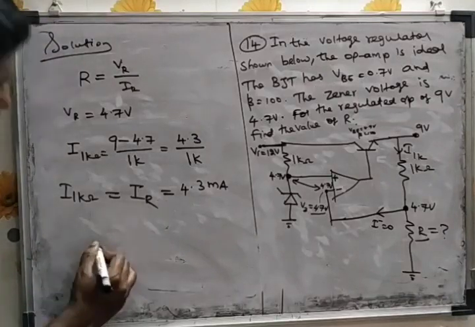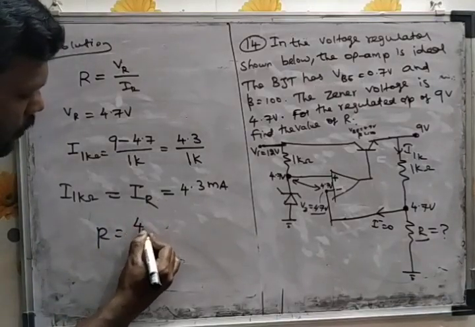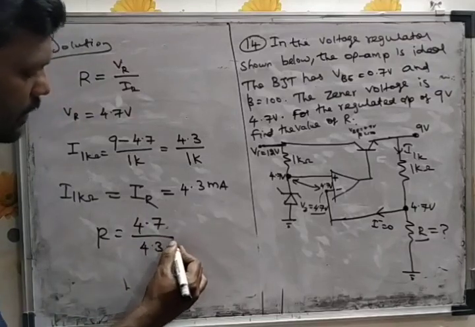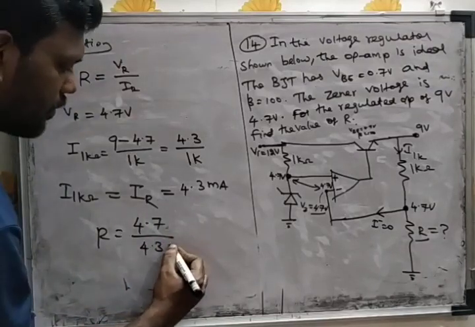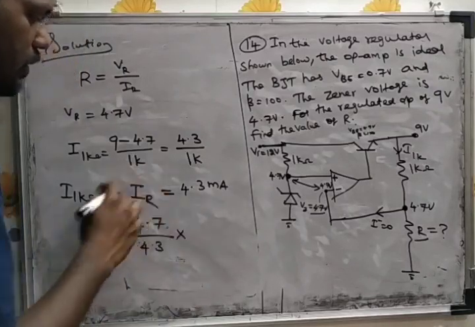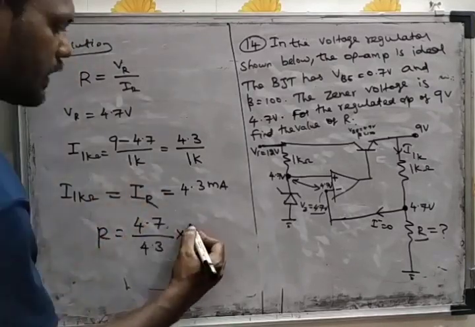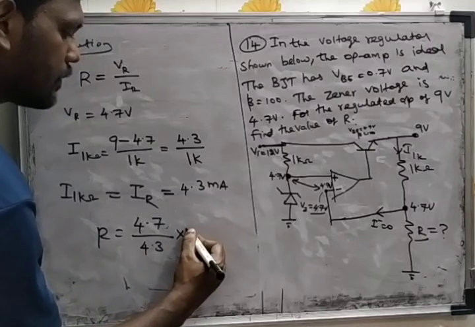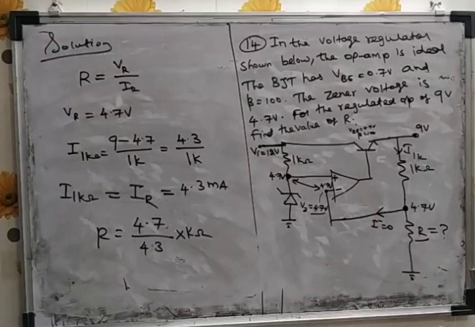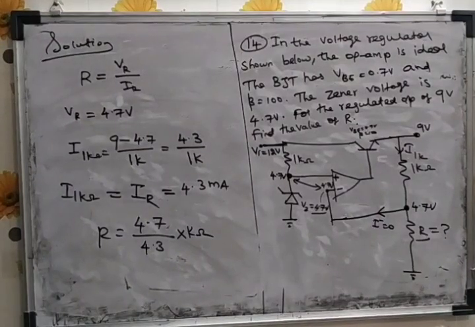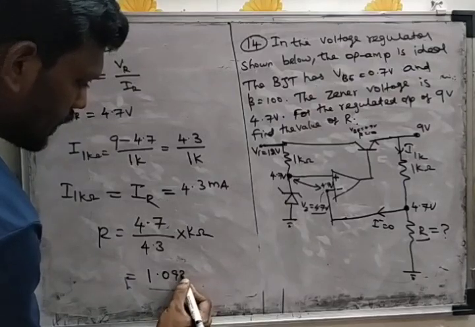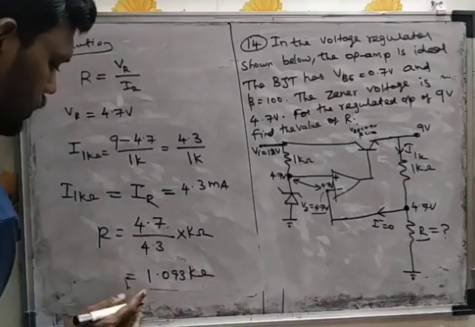So your resistance R is equal to 4.7 by 4.3 milliamps, which gives kilo ohm. So you will get 1.093 kilo ohm.